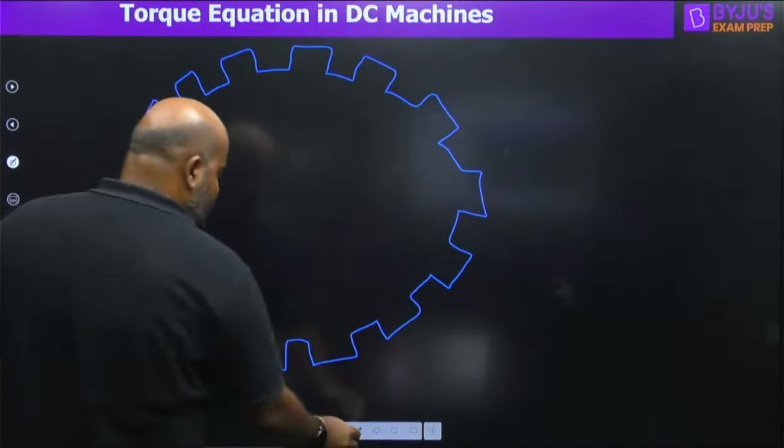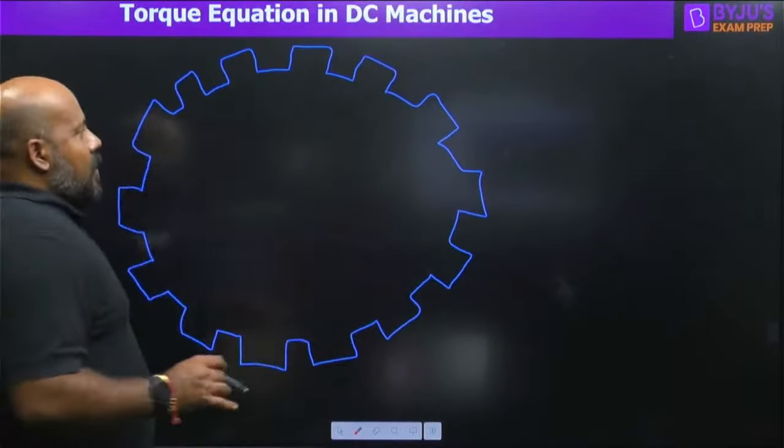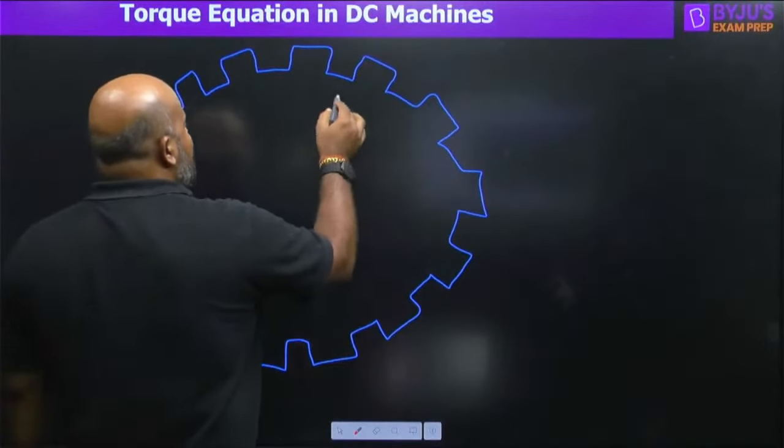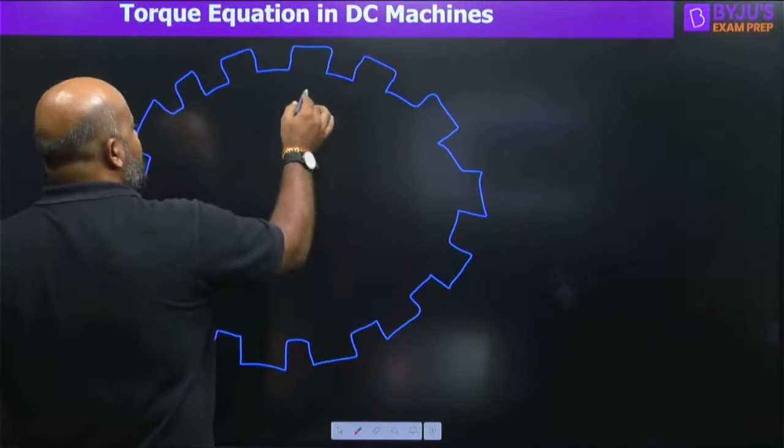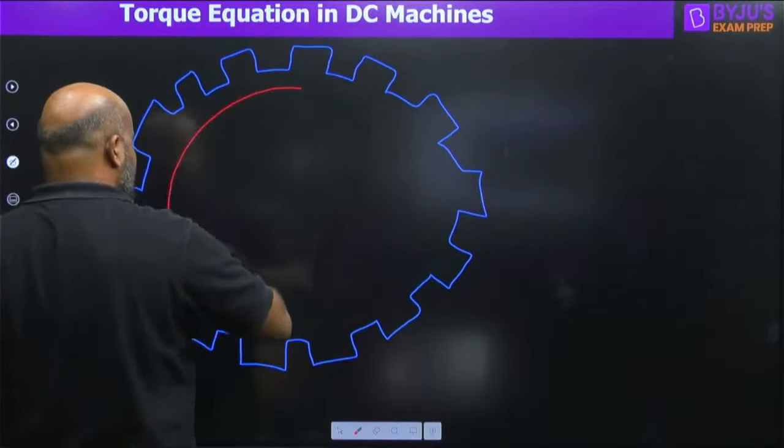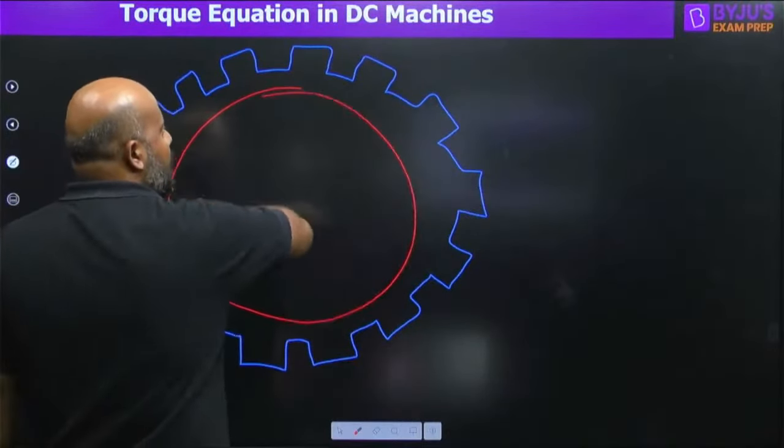Now what is happening? Suppose this is your cylindrical rotor.